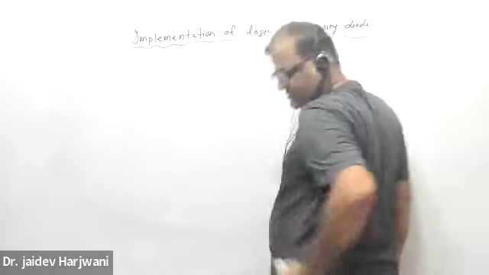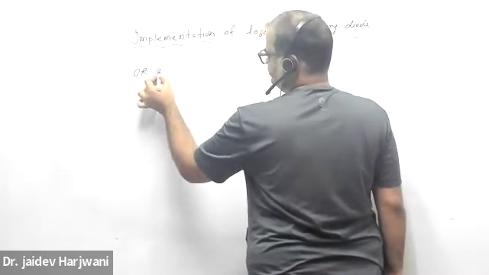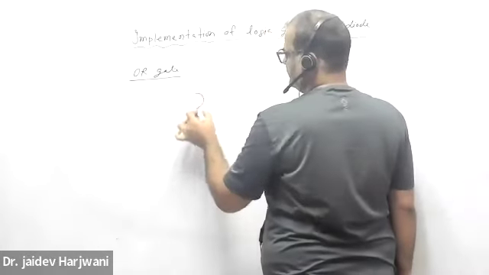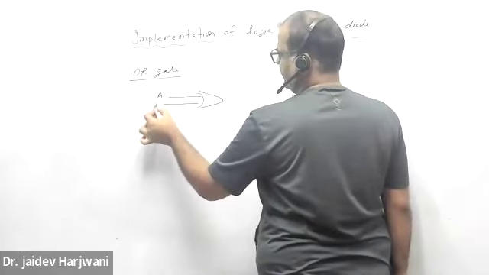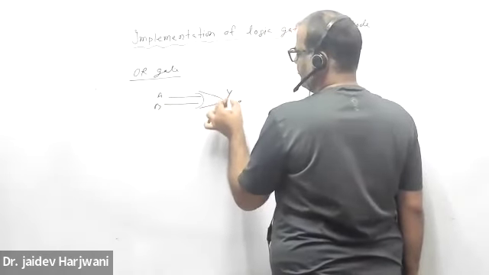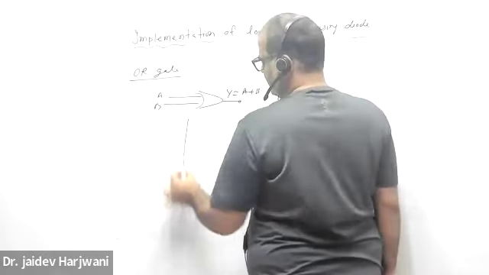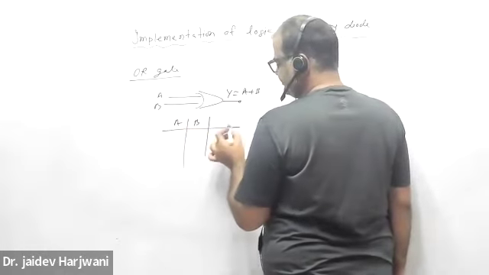Okay, so first let us take the OR gate. We know the logic symbol is like this. If I put A and B, my output Y will be A plus B. A and B can take high and low values.